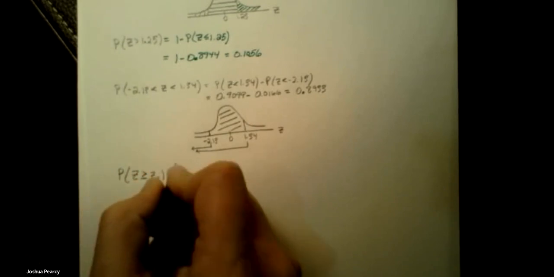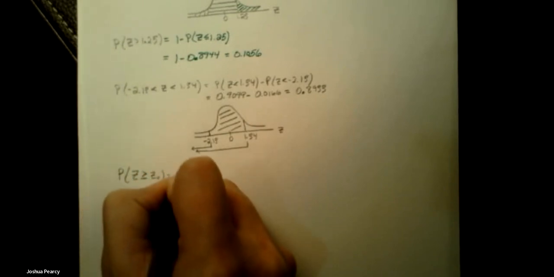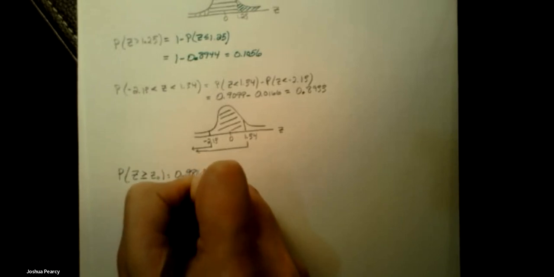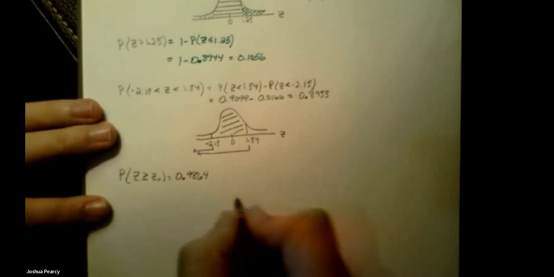Say I tell you the probability of Z being greater than or equal to some z-score is 0.9864. Then I want you to find this associated z naught in that case.